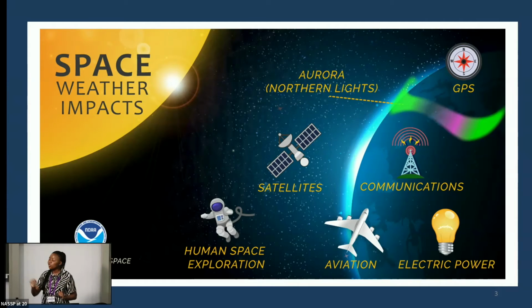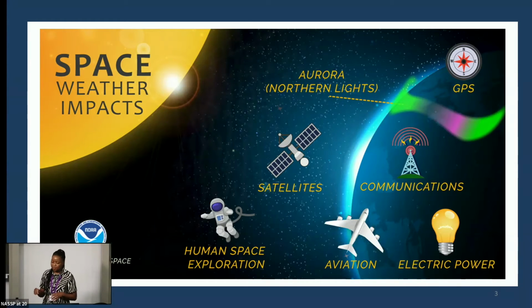But it's not all doom and gloom, right? There is an upside to space weather. I don't know who's had the privilege of experiencing auroras. Wow, awesome, cool. Two, three, four. Well, the rest of us can be fascinated by pictures, but maybe one day we'll get to go, hopefully.